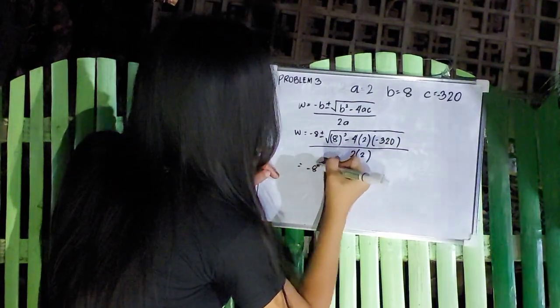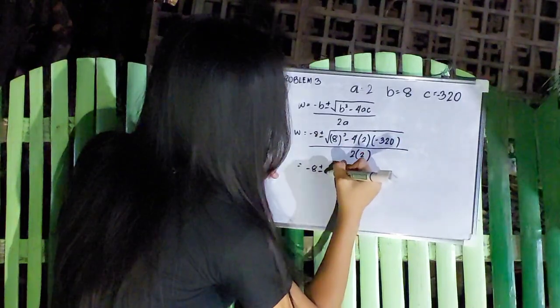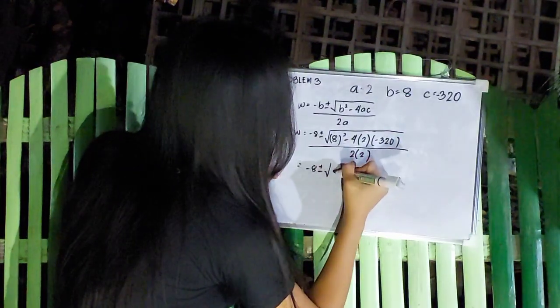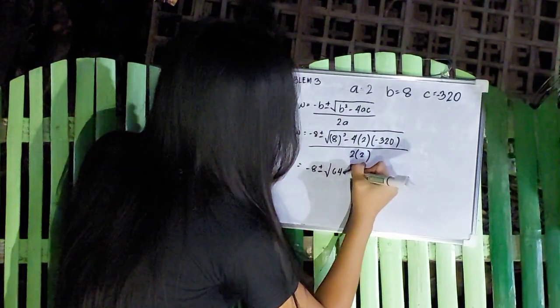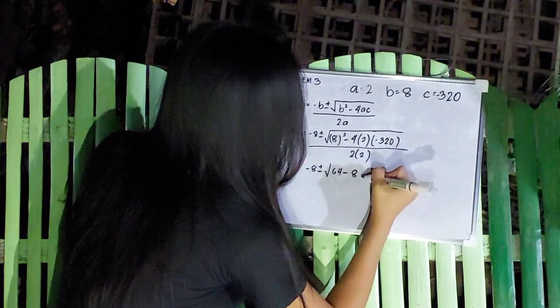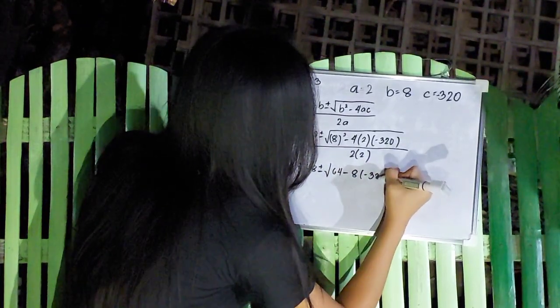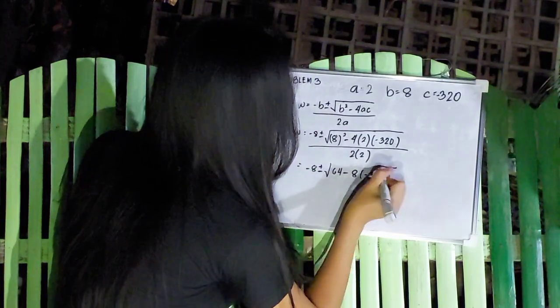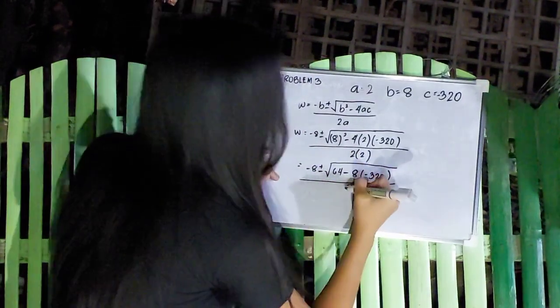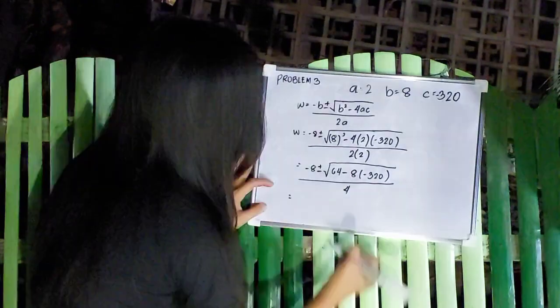Next is negative 8 plus or minus square root of 8 times 8, which is 64. Negative 4 times 2 is negative 8, times negative 320, over 2 times 2 is 4.